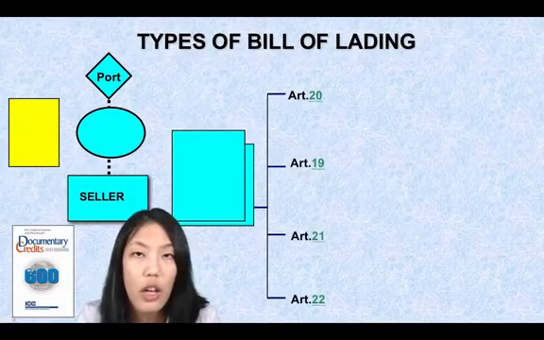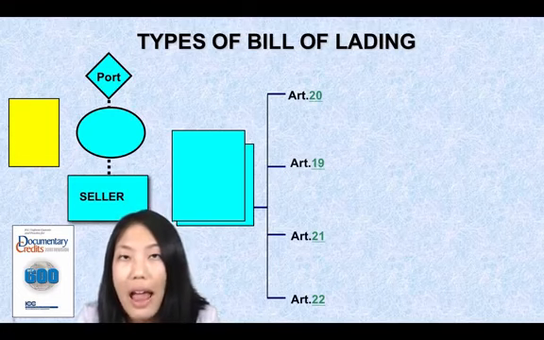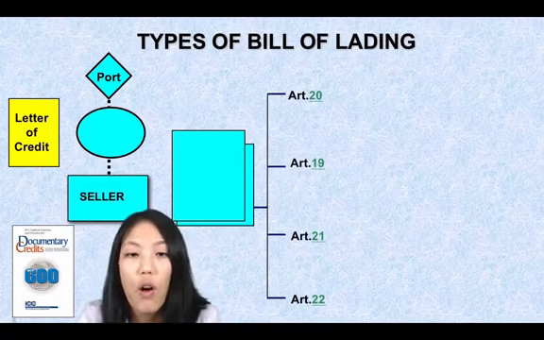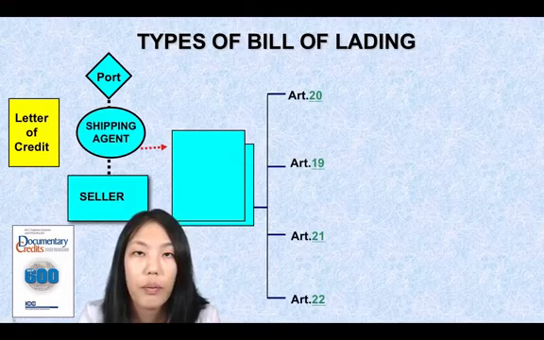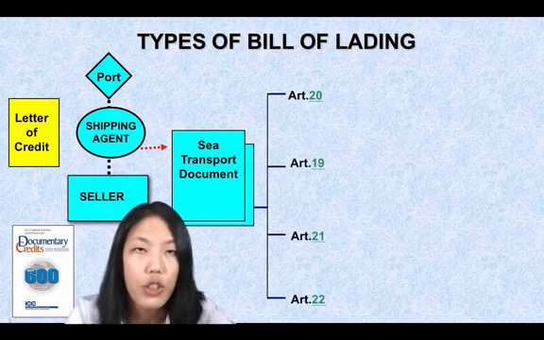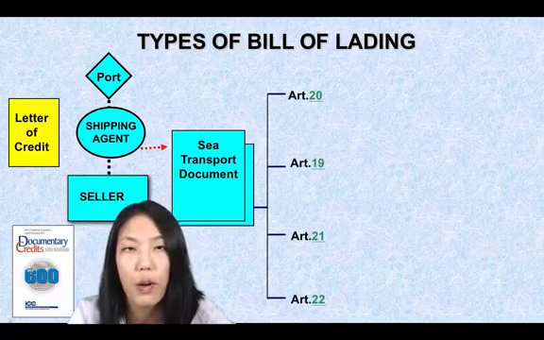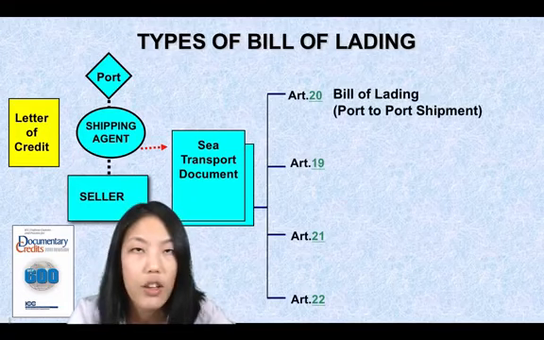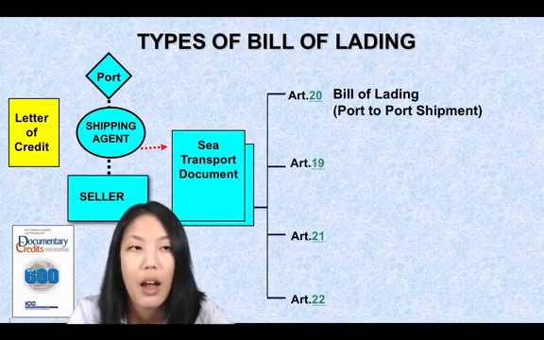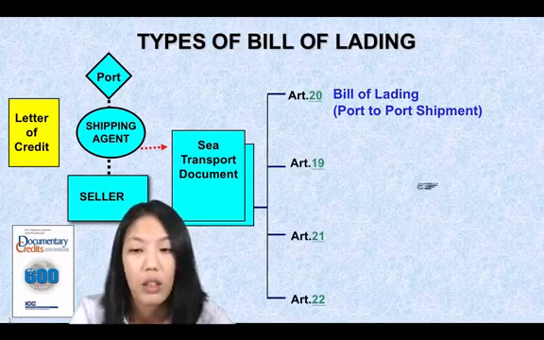Now let us look at the bill of lading in an LC transaction involving sea transport. The UCP 600 outlines the following types of sea transport. The first is bill of lading, port-to-port shipment, Article 20 of UCP 600.